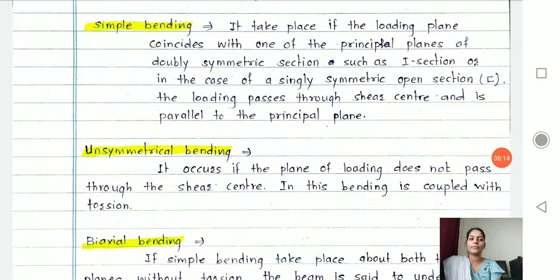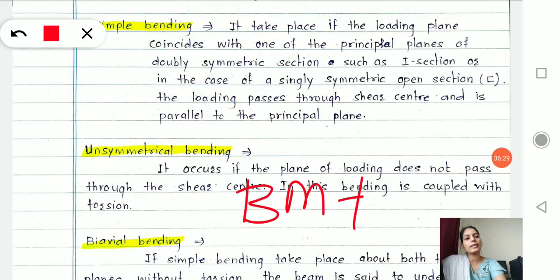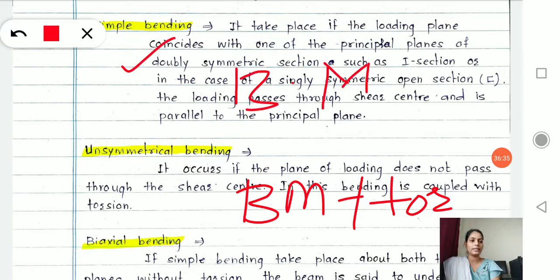As I said, if we don't pass the loading through the shear center, torsion will take place. So along with bending, what will take place? Bending moment as well as torsion. But in the first case, only the bending action takes place.